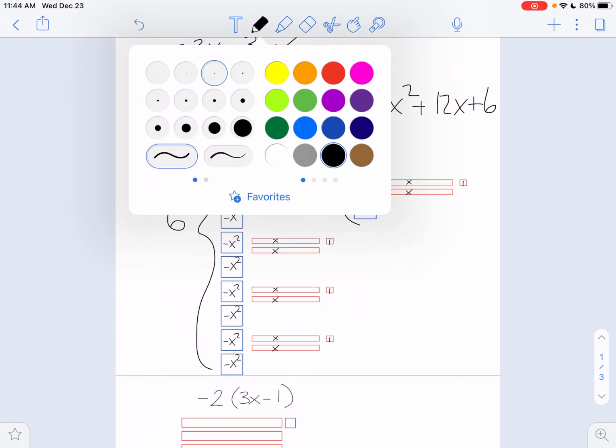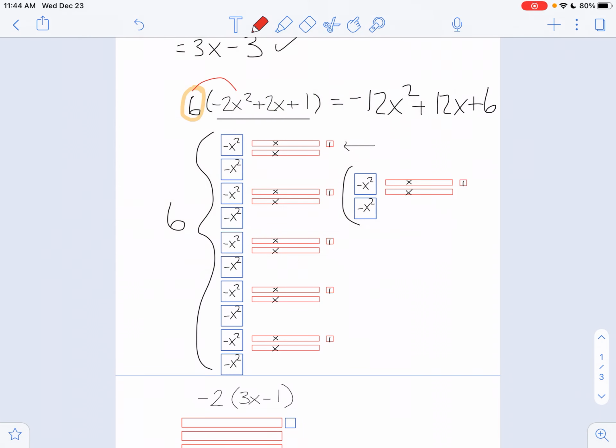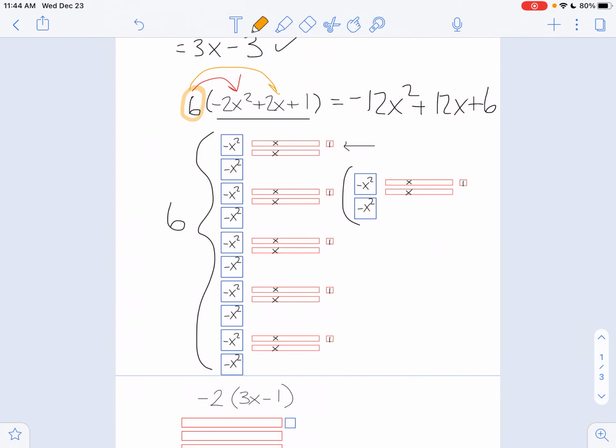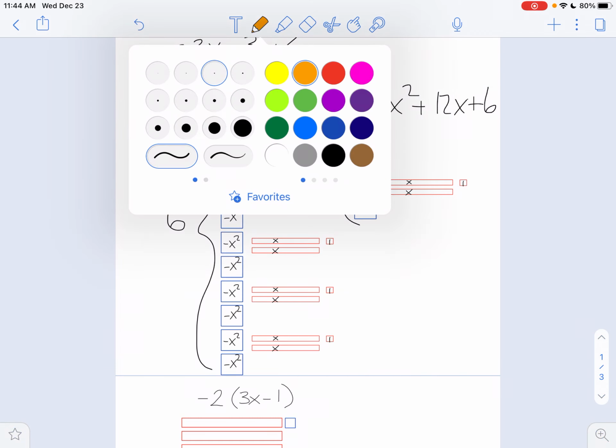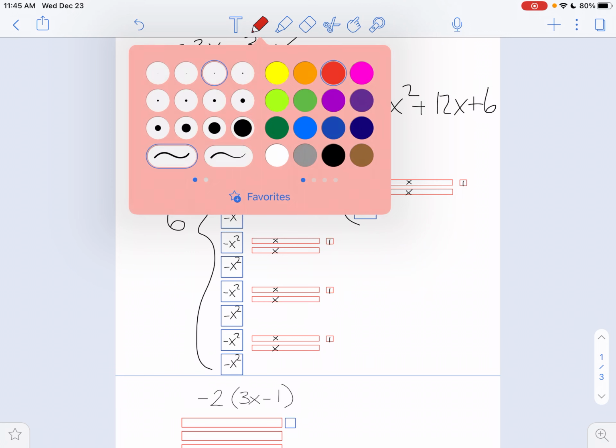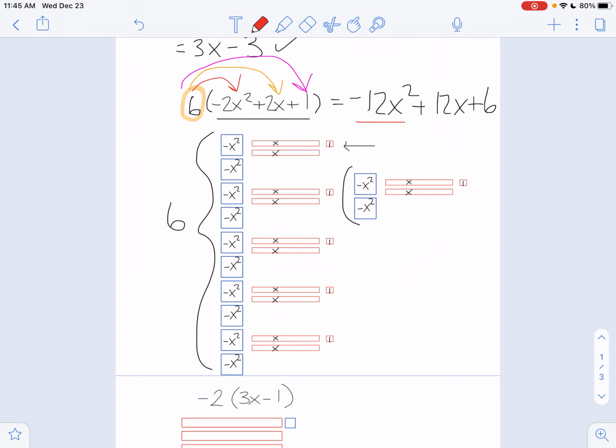If you don't want to use your tiles, you can also use the rainbow rule. This time we're going to have to do 3 multiplications. I'll use different colors for each branch of my rainbow. So I start with doing 6 times -2x squared. That gives me -12x squared because 6 times -2 is -12 and there's an x squared there.